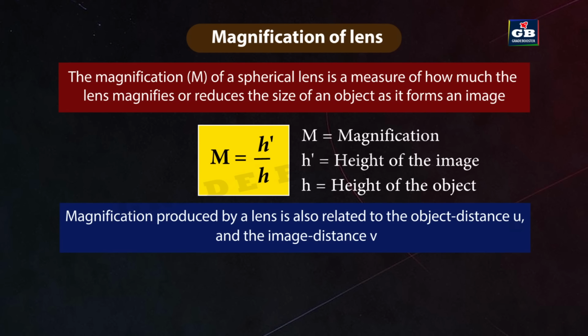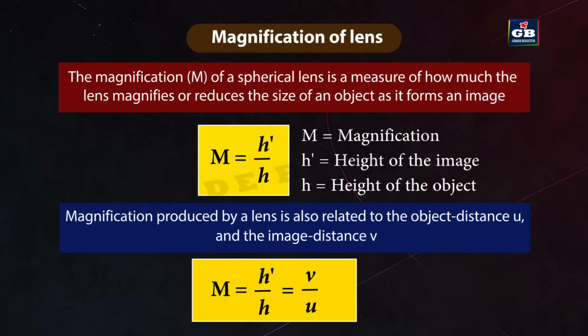Magnification produced by a lens is also related to the object distance u and the image distance v. This relationship is given by m = h'/h = v/u, where m is the magnification of the lens, v is the image distance, means the distance from the lens to the image, and u is the object distance, means the distance from the lens to the object.